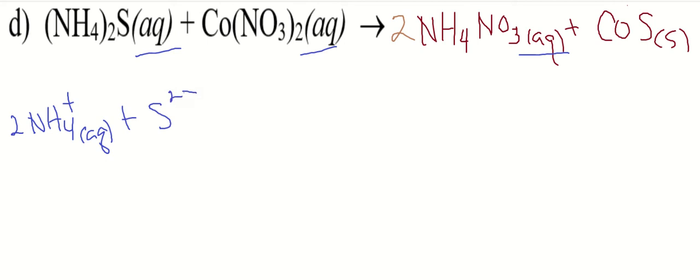Sulfur anions have 6 valence electrons, so they're going to gain 2. Remember that? So that's 2 negative. Cobalt is a 2 positive, because we determined that from that subscript there.